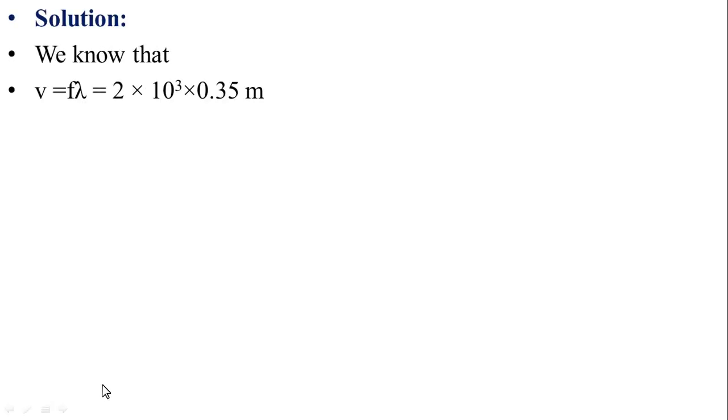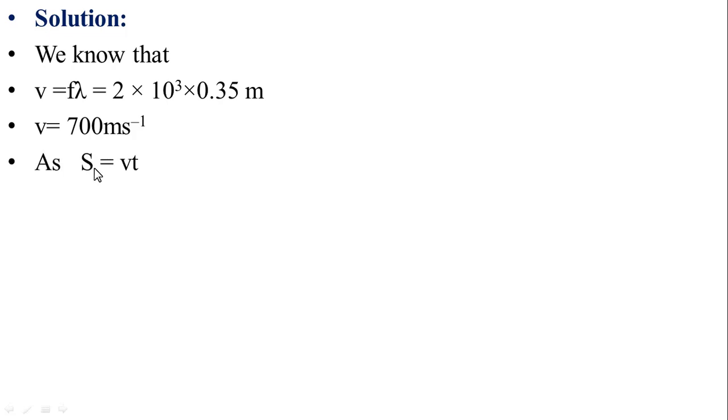For the solution, we know that V is equal to F lambda, which is 2 multiplied by 10 raised to power 3 multiplied by 0.35. Then the speed V is equal to 700 meters per second.